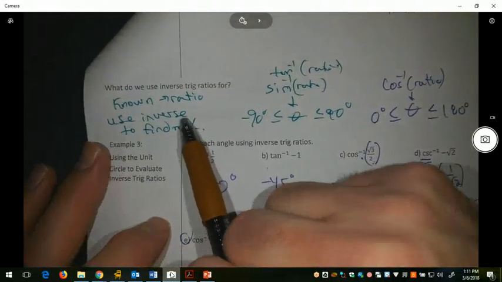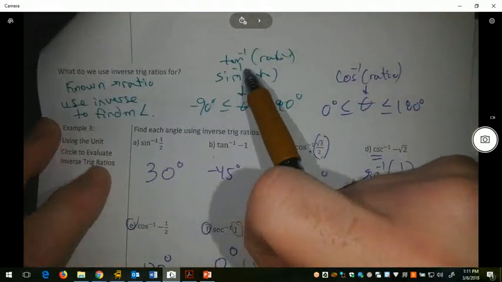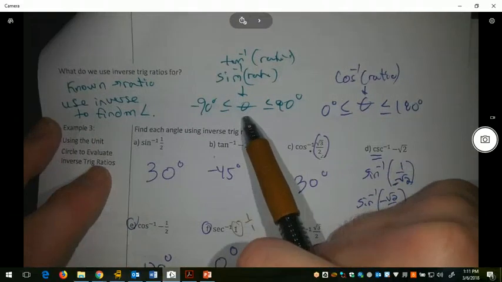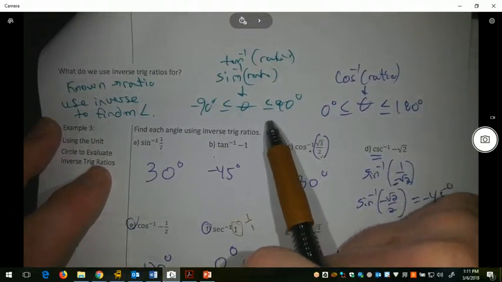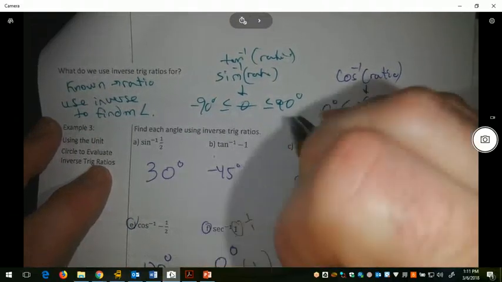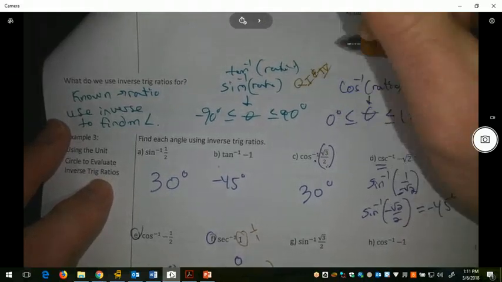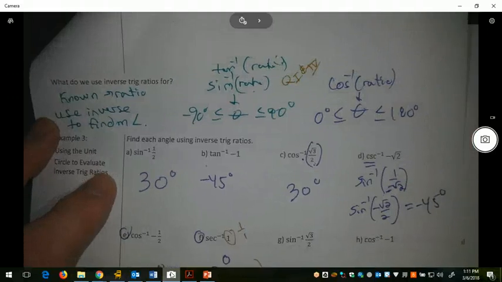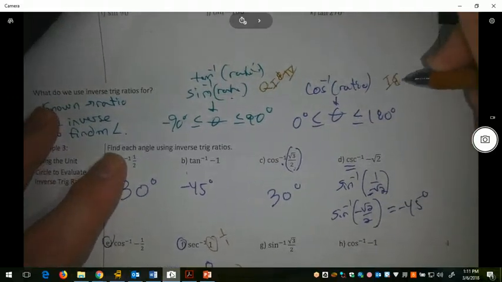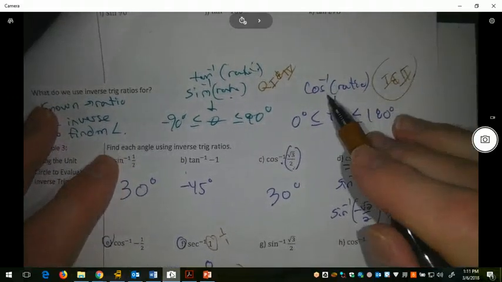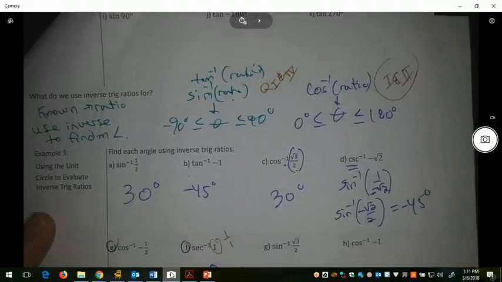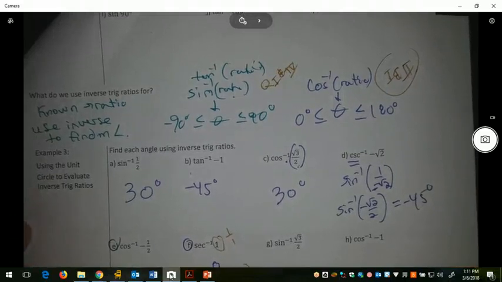And how to use the inverse trig ratios with restricted ranges and domains. So we're only looking at the right half, quadrants 1 and 4, for tangent inverse and sine inverse, and quadrants 1 and 2 for cosine inverse when we're finding the angle given the trig ratio.